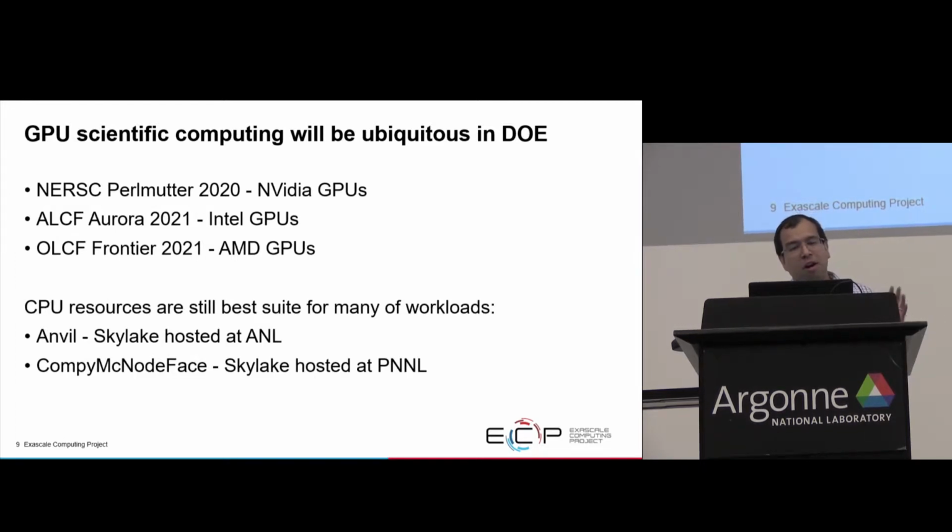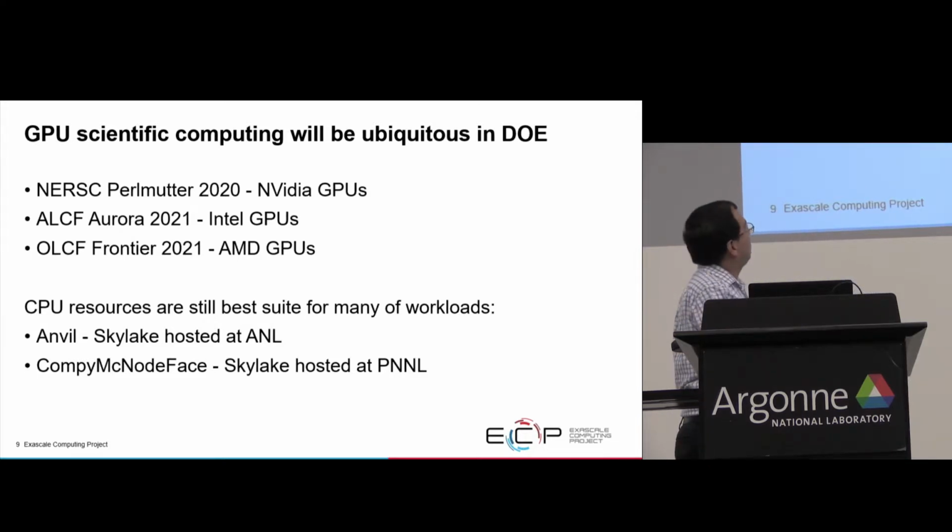I'll mention that we do have dedicated CPU resources that are paid by BER. Here at Argonne we have a Skylake system called Anvil, which is part of the LCRC resource. And for your amusement, we have a machine at PNNL that is actually called Copy McNodeface.